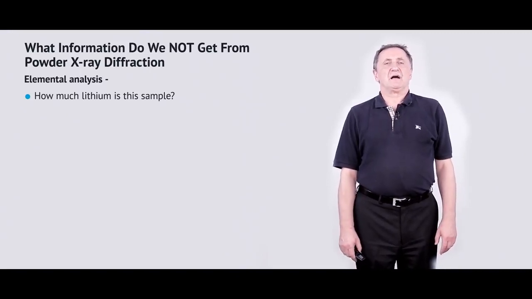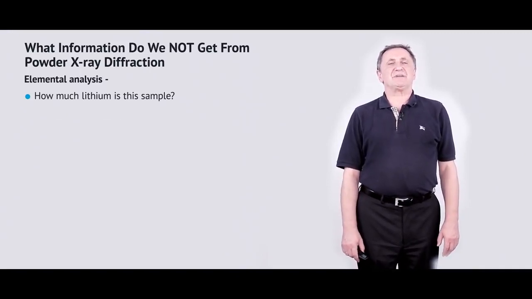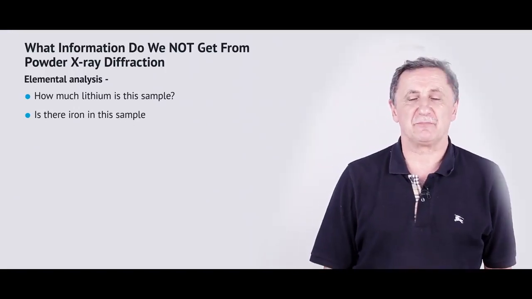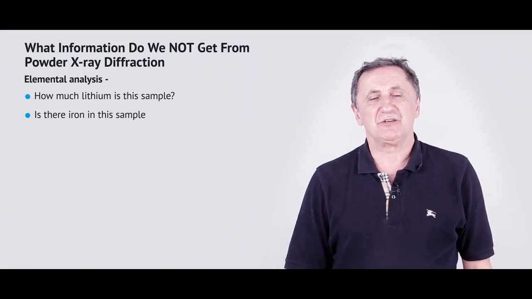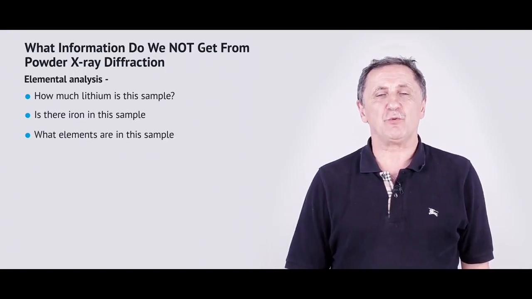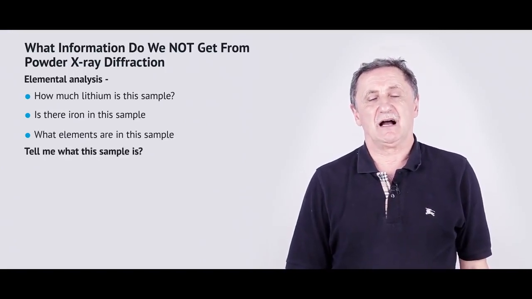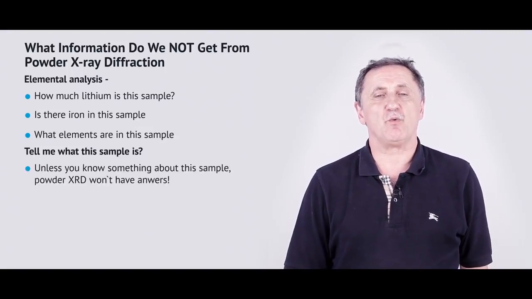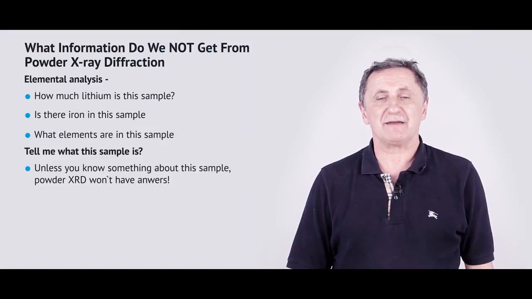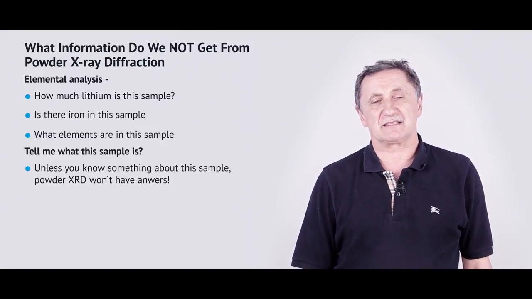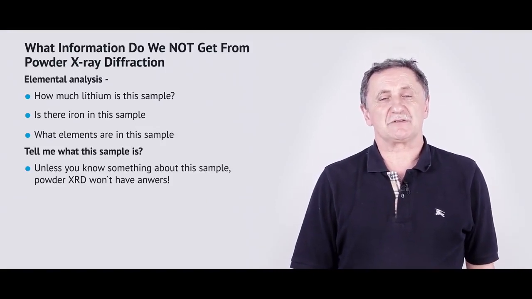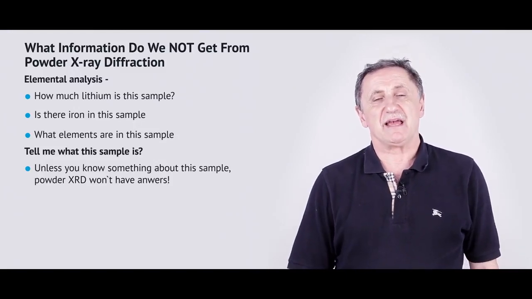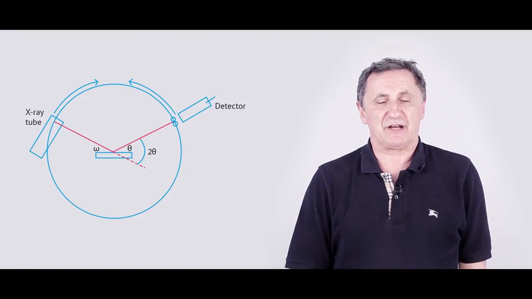In principle, you have to have some idea of what kind of phase composition you can expect. You cannot answer with only this technique such complex questions as: tell me what this sample is. Only a combination of, let's say, electron microscopy with XRD may answer this type of question.